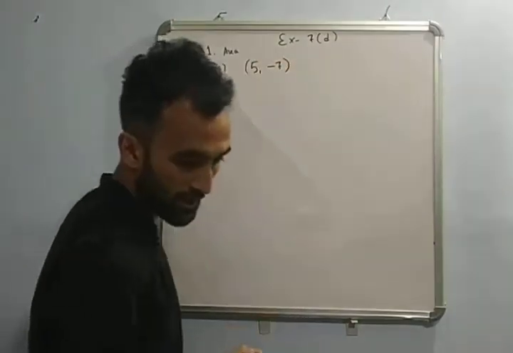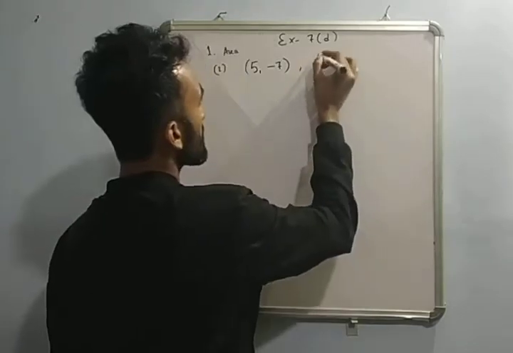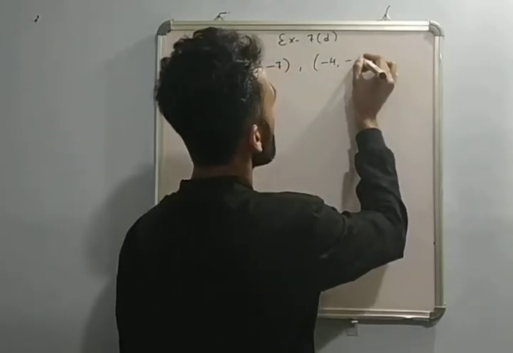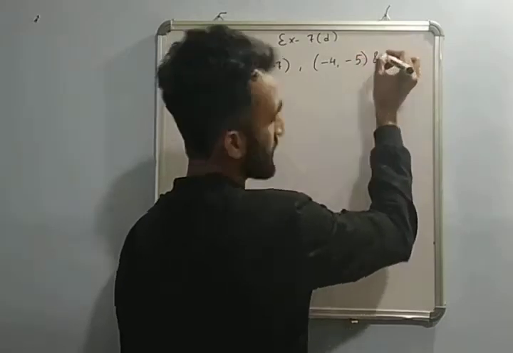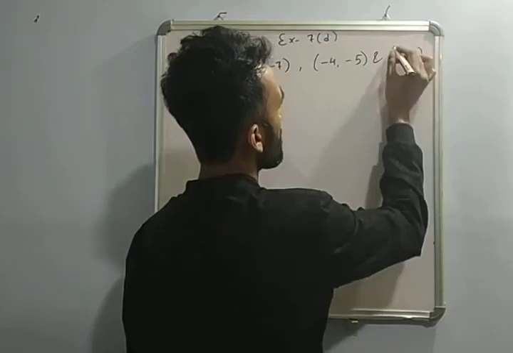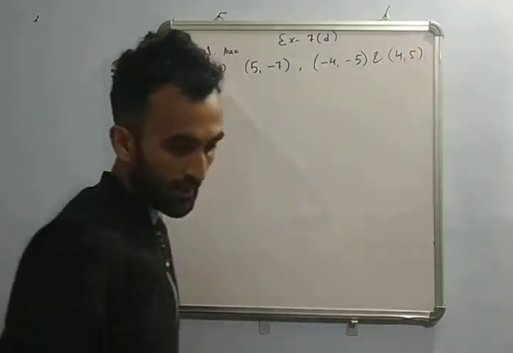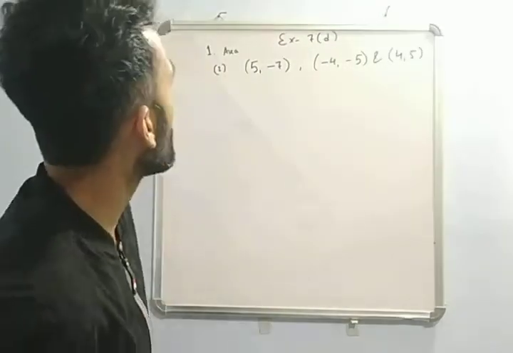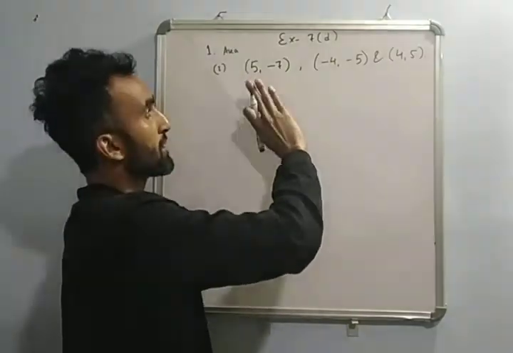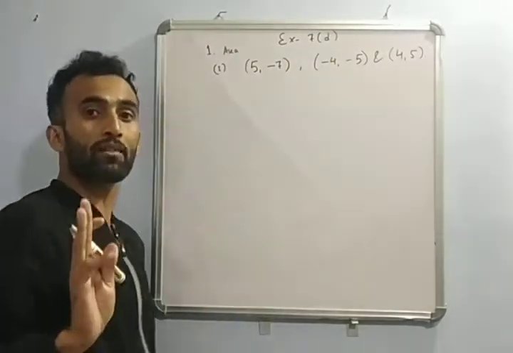This is one vertex. Second vertex is minus 4, minus 5, and the third vertex is 4, 5. These are the three vertices. We have to find out the area of the triangle.